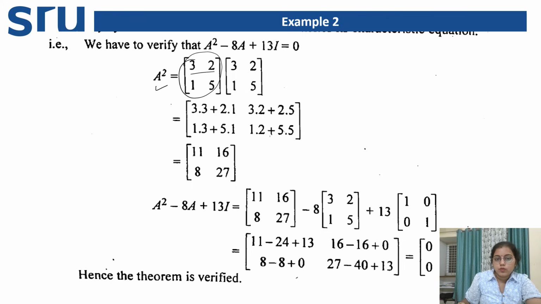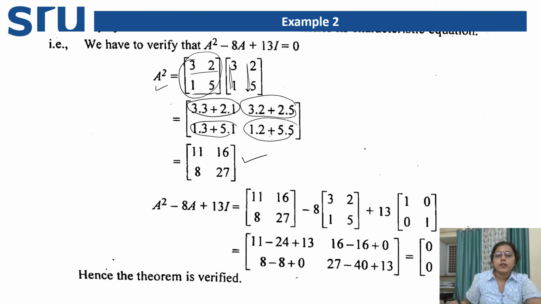First row multiplied with first column, so you get this position. First row multiplied with second column, so you get this position. Second row multiplied with first column, so you get this. Second row multiplied with second column, so you get this. After calculation, you find A square.